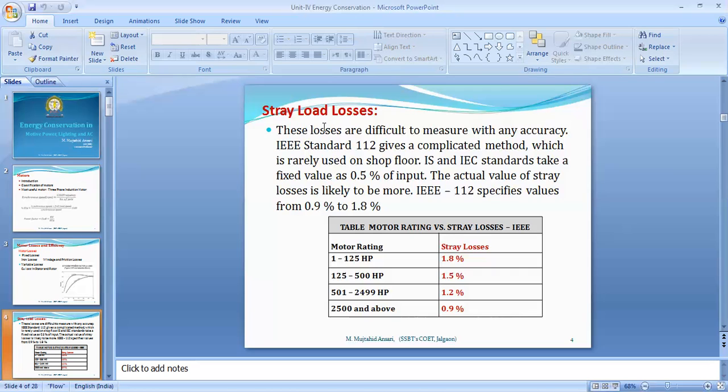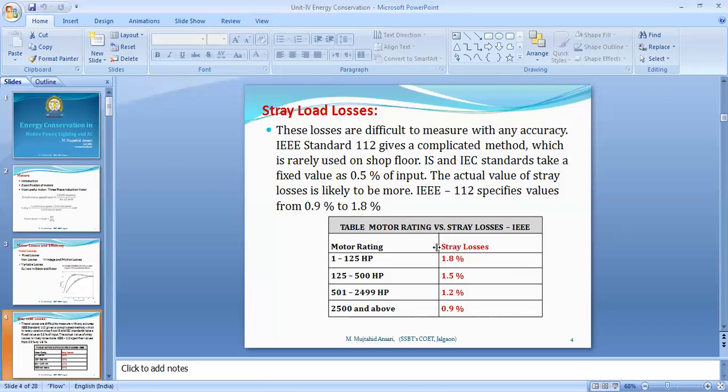So this is as per the recommendation of IEEE. If the losses are more than that, the manufacturer will not be certified by the IEEE, IS standard as well as the IEC standard.